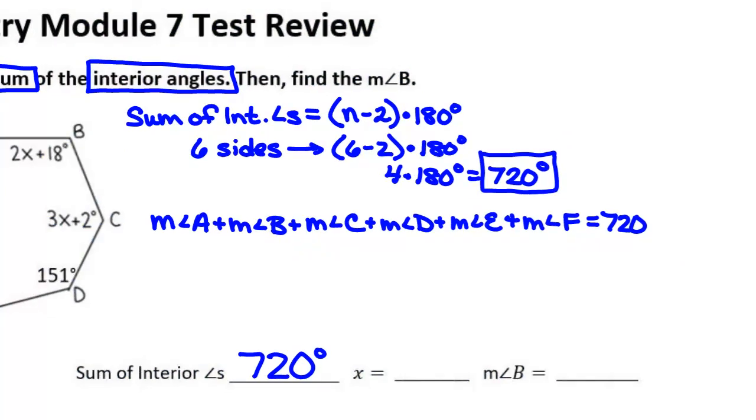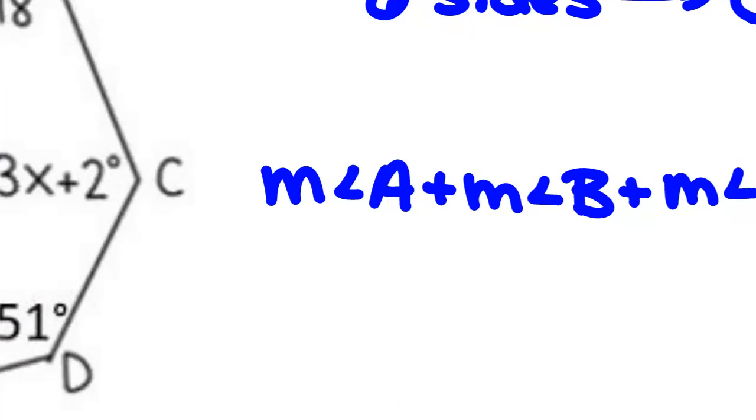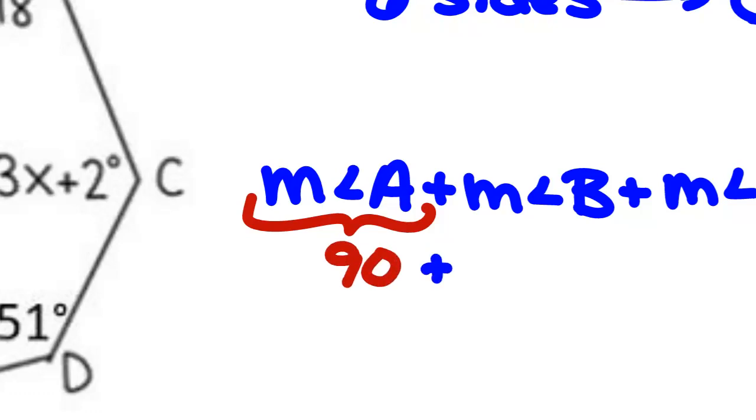And then we take the measurements that we have from our figure and we substitute them in. What do we have to represent angle A? How big is angle A? 90. So I put 90 in here in the place of angle A.